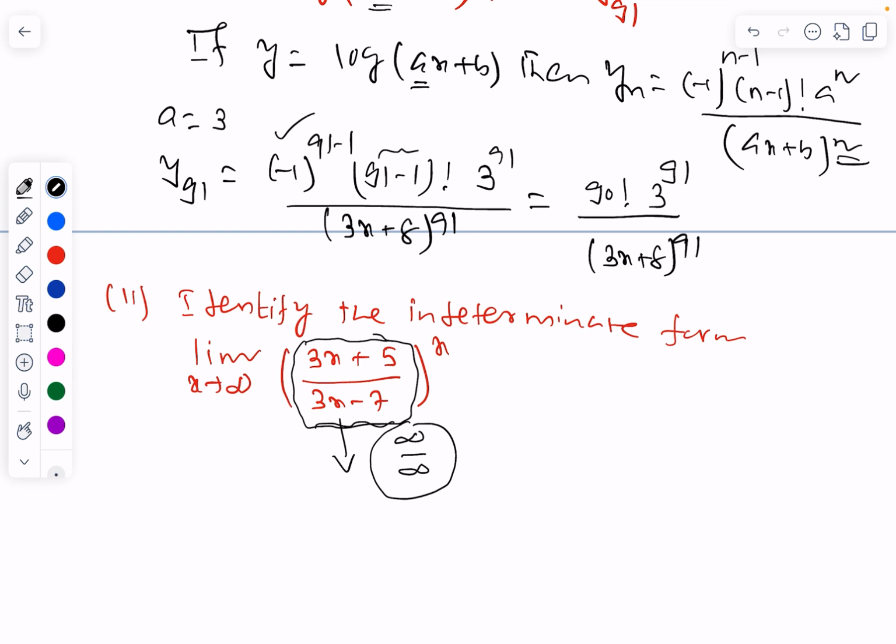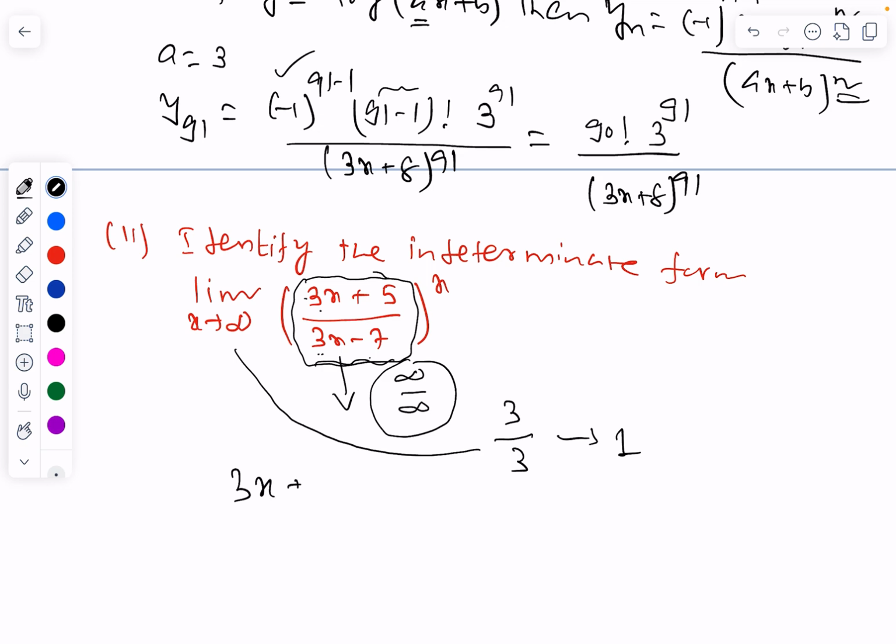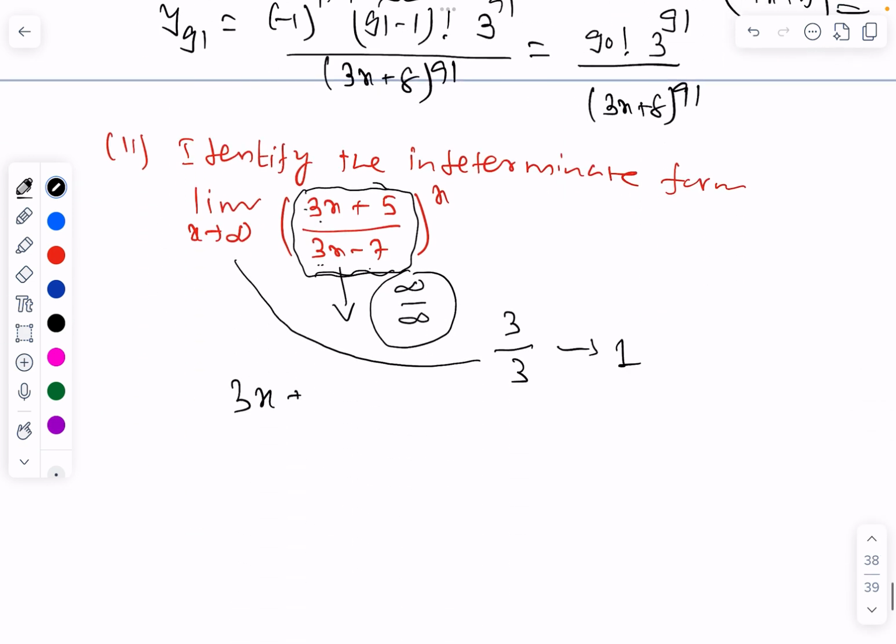If we apply L'Hopital rule here, the derivative of 3x plus pi is 3, and the derivative of 3x minus 7 is again 3. So when x tends to infinity, 3x plus pi over 3x minus 7 tends to 1.